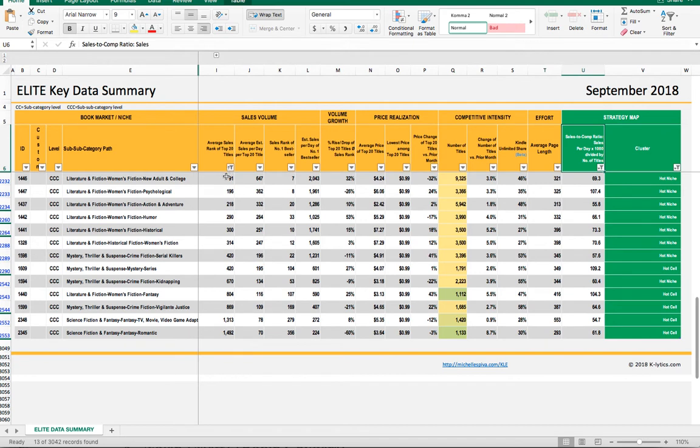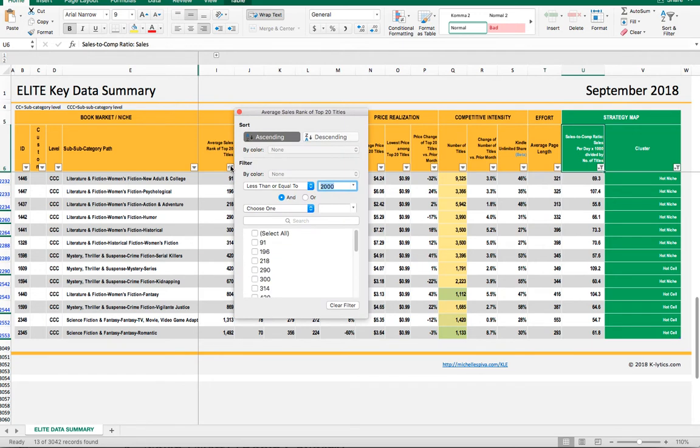So when you go through and take a look at this, say it pulled back 13 records and you're like, I don't want any of this. You can play around with it and increase your sales ranking. What else am I willing to deal with?